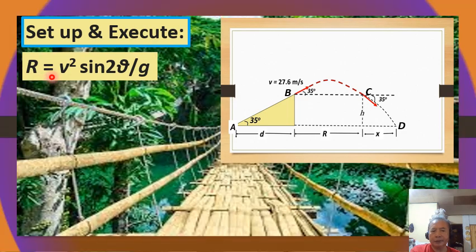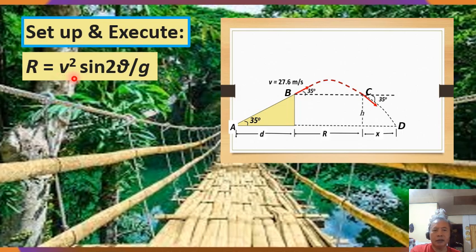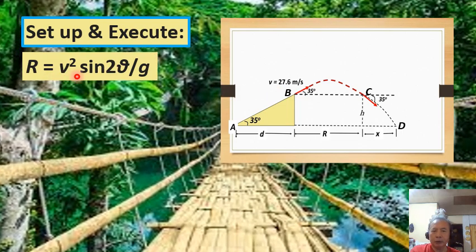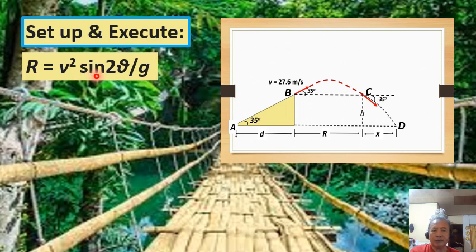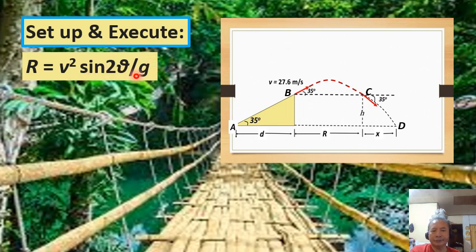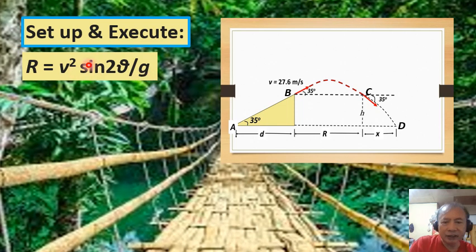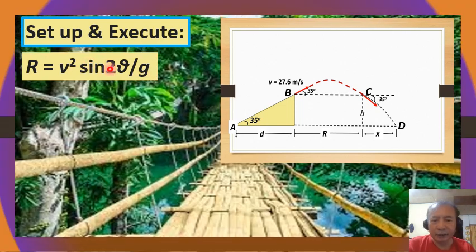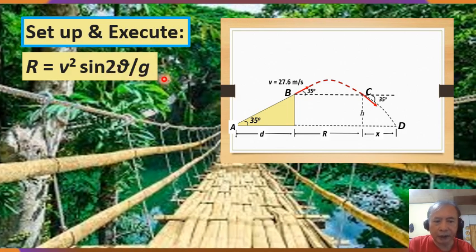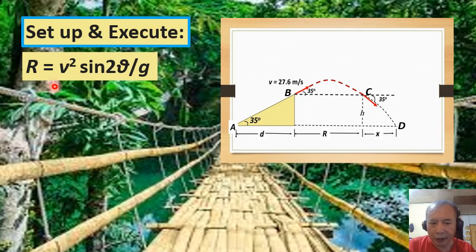So big R is equal to the square of the initial velocity at point B multiplied by the sine value of twice the angle, right? Divided by g. Notice the difference in this formula for determining the range from that of determining the maximum height.